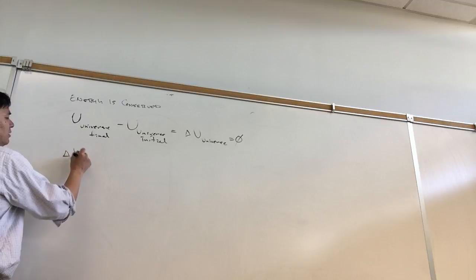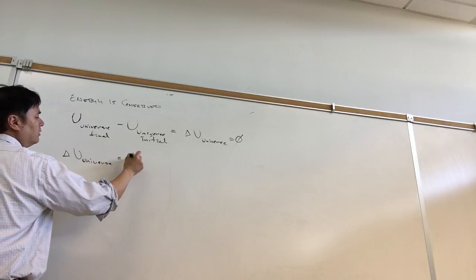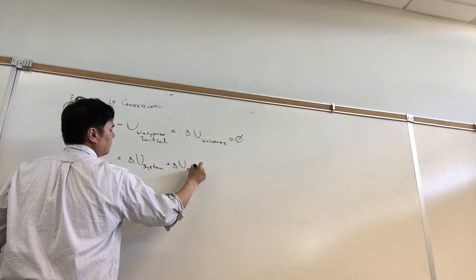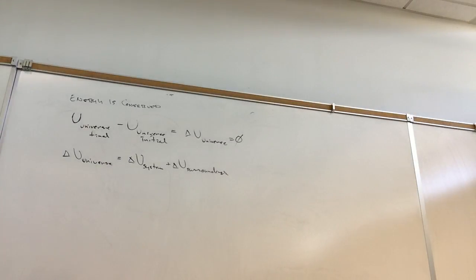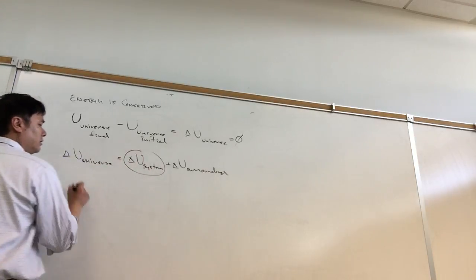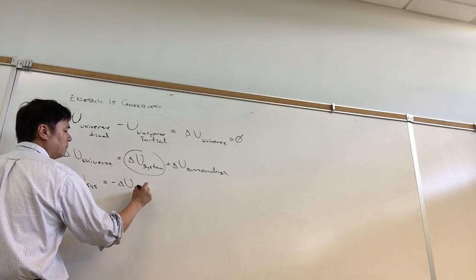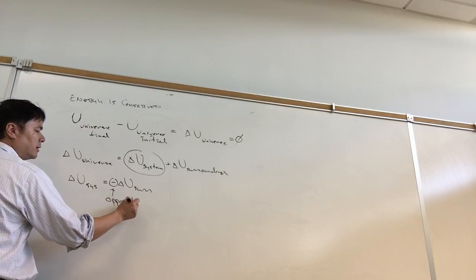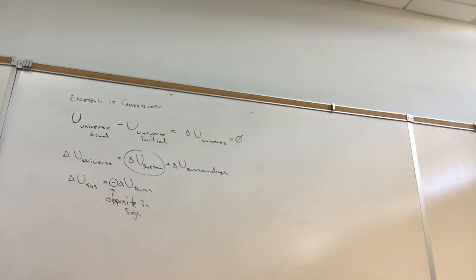And so delta U of the universe is equal to delta U of the system plus delta U of the surroundings. We're going to just focus on one or the other, and typically we just look at delta U of the system. Delta U of the system is equal to minus delta U of the surroundings. This minus is just the opposite sign. It doesn't mean it's exothermic. It just means opposite in sign. And so we have something called a sign convention.